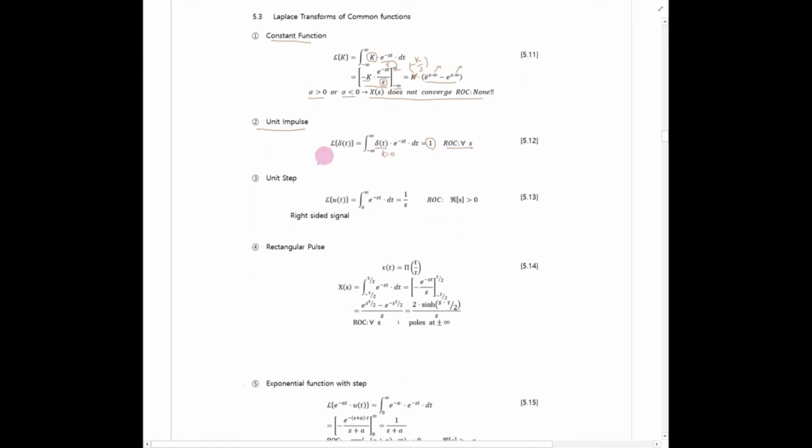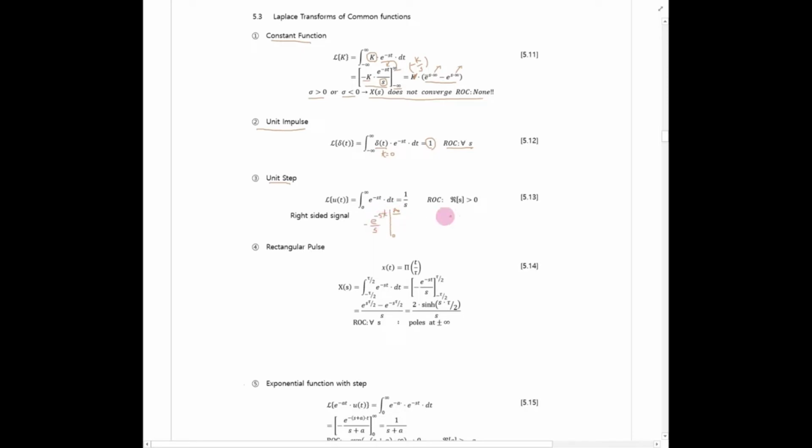The next one is the unit step function. The unit step is defined from 0 to infinity, a right-sided signal. So by taking the integration of this one, it will give this. The exponent is minus st, and the integration variable changes from 0 to infinity. When we insert infinity for time, it should vanish.